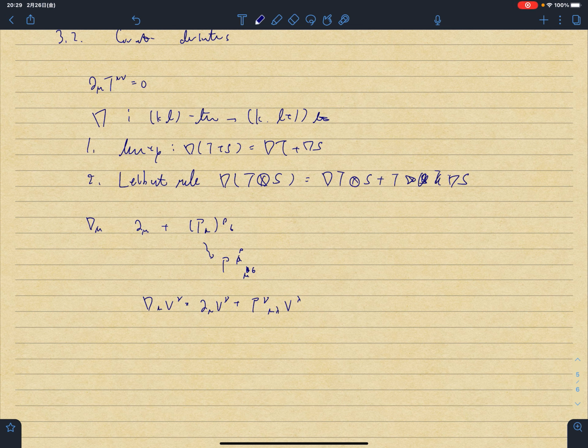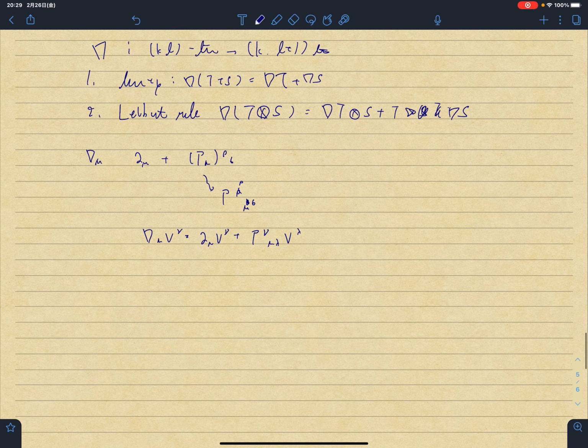We should be able to determine the gamma mu lambda by demanding the transformation law on the left side. We want delta mu dash v mu dash to transform like a tensor, which means it equals delta x mu dash over delta x mu times delta mu v mu.